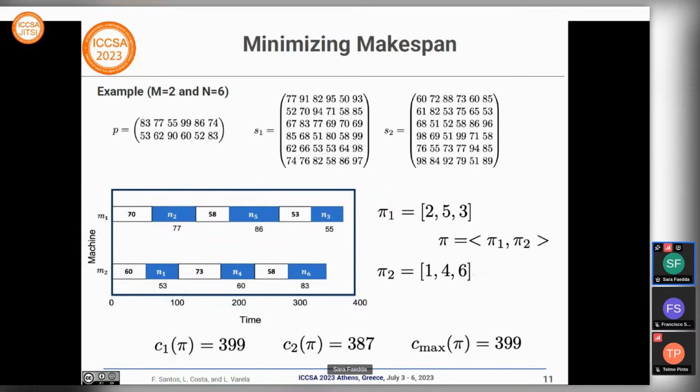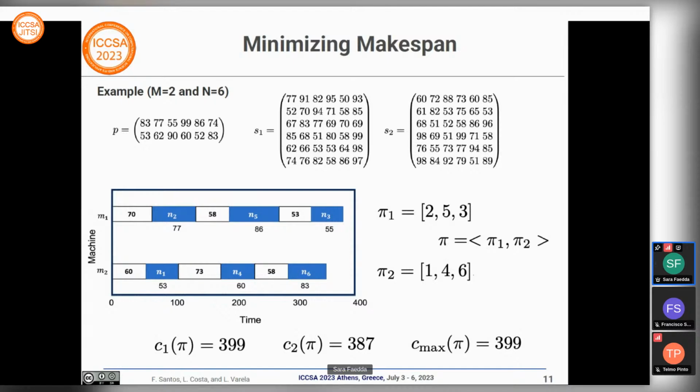In this representation, these values are the setup times, and the processing times are represented below the corresponding job. The optimal solution in this case corresponds to these two subsequences. The objective function value is 399, as you can see when you compute the two completion times.